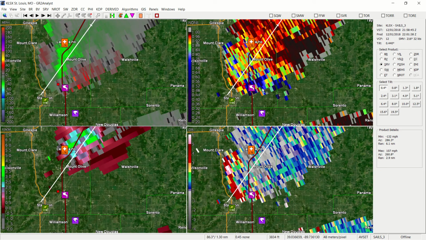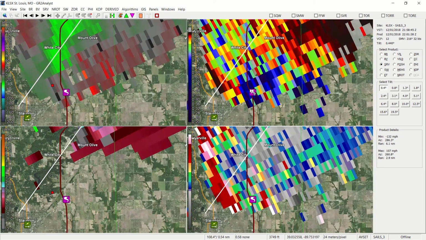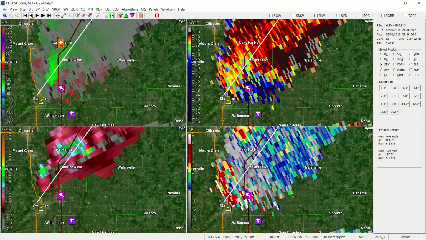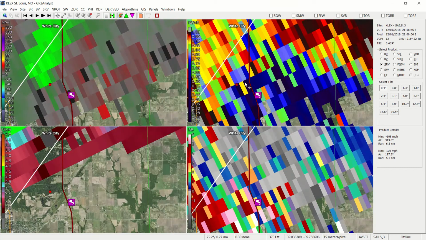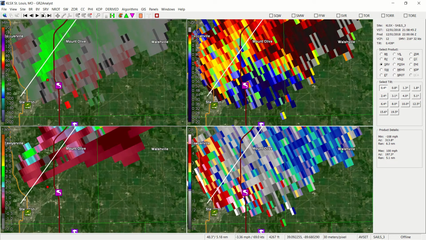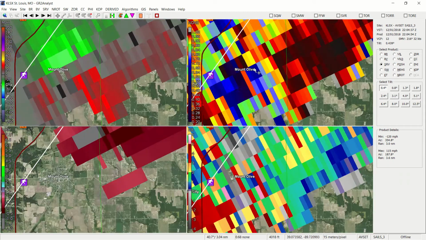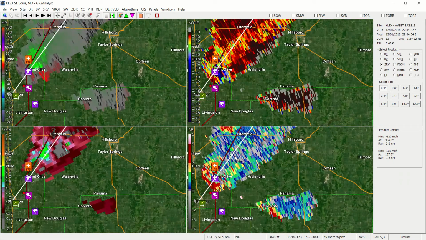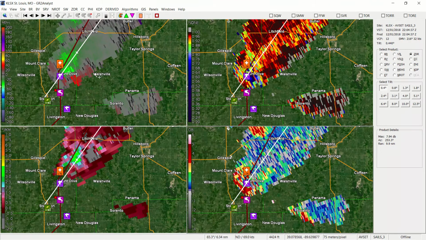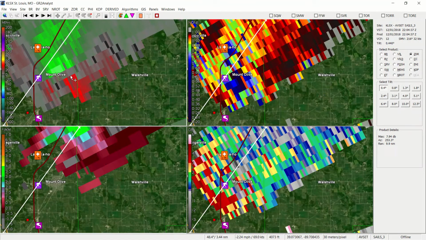And we can kind of loop through this a little bit more. Still hard to tell if there is a debris signature in there, because it's so messy in the correlation coefficient values. But definitely some good rotation happening within that.